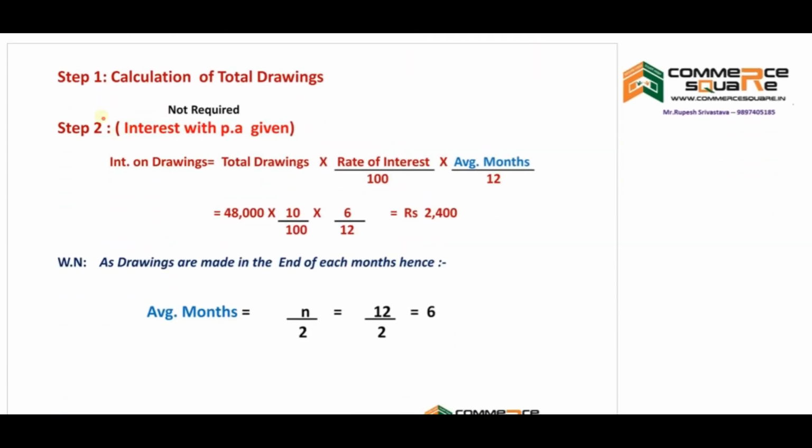In the previous video, case 1, we used step 1 because we needed to calculate the total drawings. But in this question the total drawings is given to you, that is rupees 48,000.